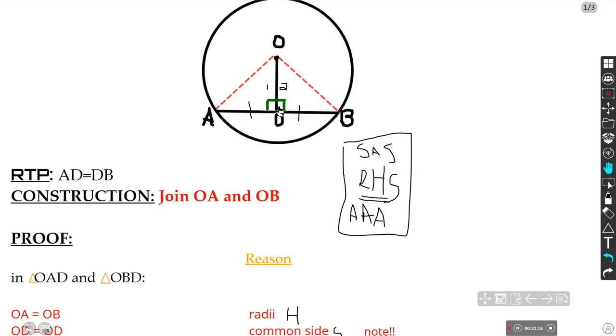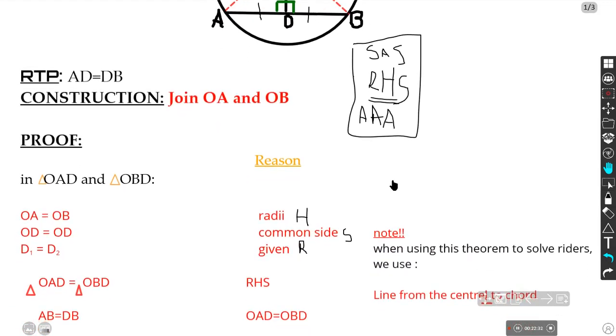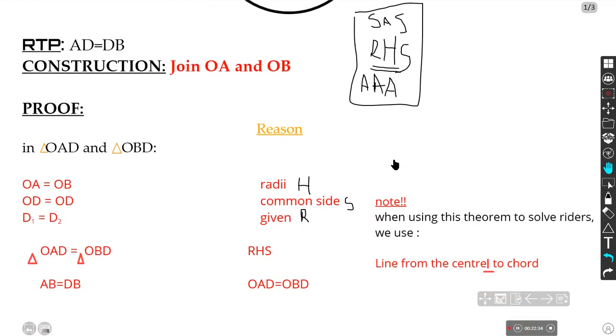Do I have a common side? Are the angles the same? So you need to know these things: your side angle side, right angle hypotenuse side, your angle. We did these things in grade 10, I think. So this is how you have to prove your theorem.